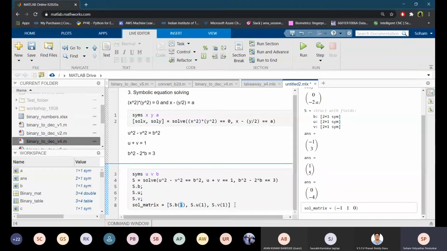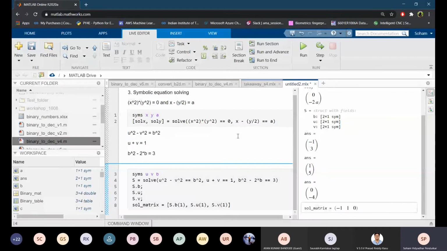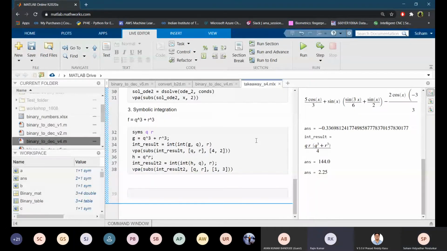If anybody has doubts, please go on. Let me save this. Anybody? What happened when you didn't write the 5, 6, and 7 lines? Just a minute, let it pop back up.